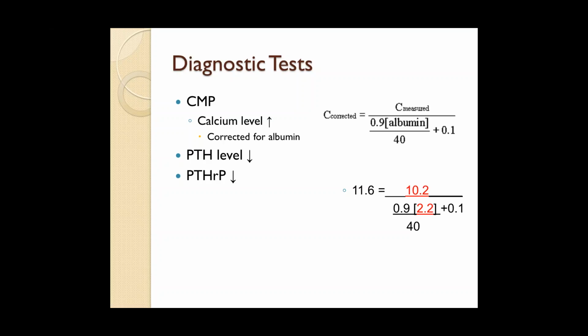That's a very mild degree of hypercalcemia. However, they were also noted to be severely hypoalbuminemic with an albumin of 2.2. And when you plug these two numbers into this calculation, the corrected calcium level is actually 11.6, which is a moderate and almost close to severe level of hypercalcemia and would be treated and approached very differently than those patients with a calcium level of only 10.2.